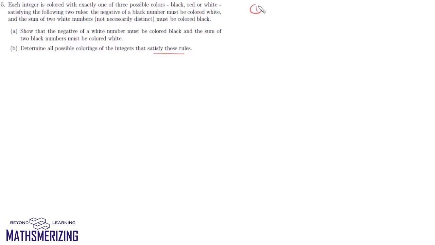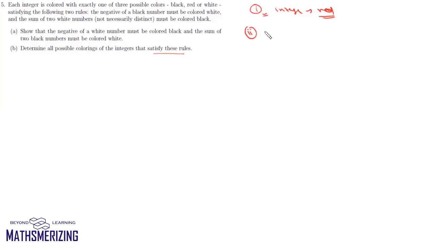So one obvious condition is we can paint all the integers as red. If all the integers are red, then they satisfy all these given conditions. Now, suppose all the integers are not red, then some of them will be black, some of them will be white, and others will be red.